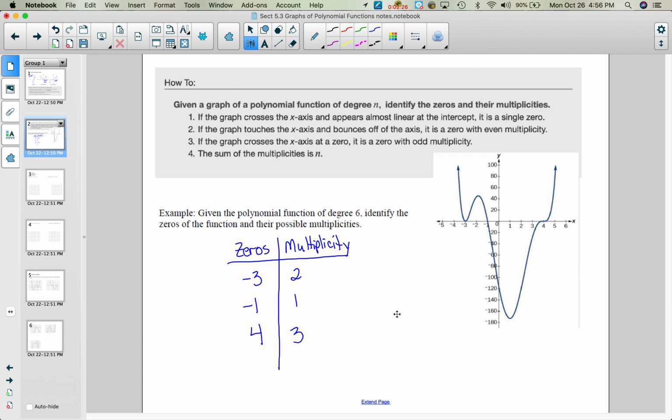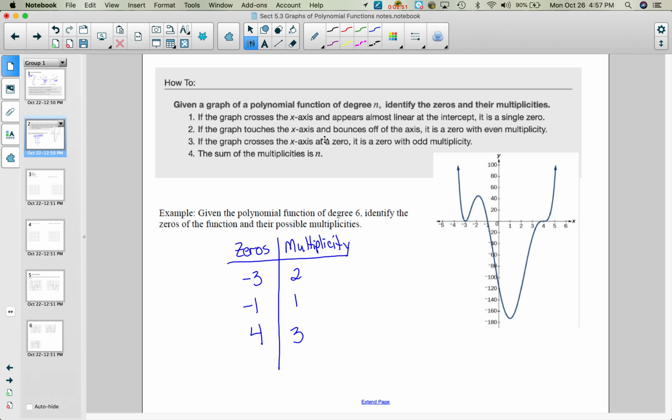Now, if the graph crosses the x-axis and appears almost linear at the intercept, it's a single zero. So that's my -1. If the graph touches the x-axis and bounces off of the axis, it's a 0 with an even multiplicity. It doesn't have to be a 2. It could be a 4 or a 6. In this case, it's a 2. I'll tell you why in a minute.